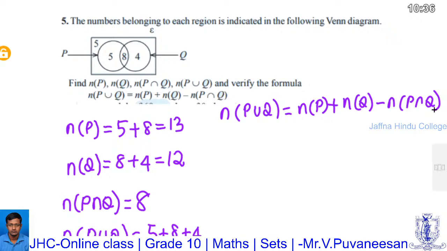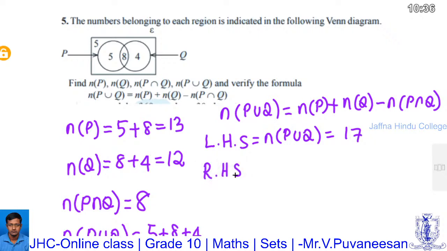First let's take LHS, left hand side. What is in the left hand side? Number of P union Q, that we already found, equal 17. Then we take RHS, right hand side. What is in the right hand side?